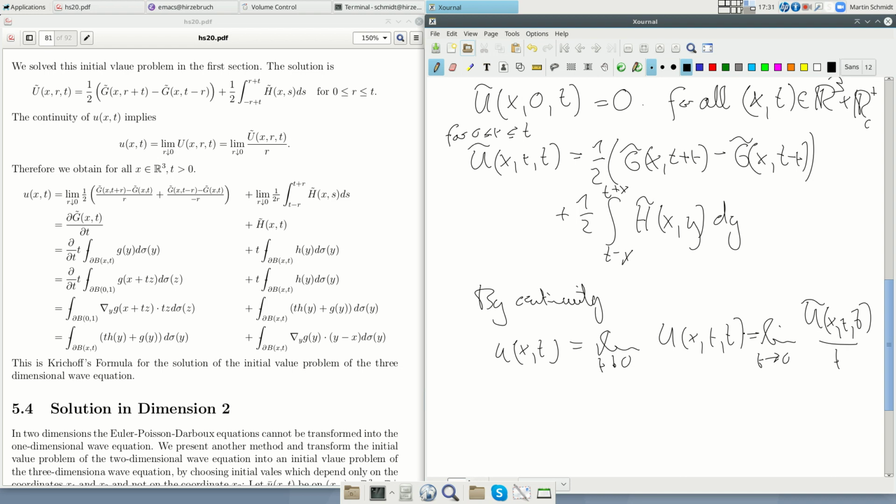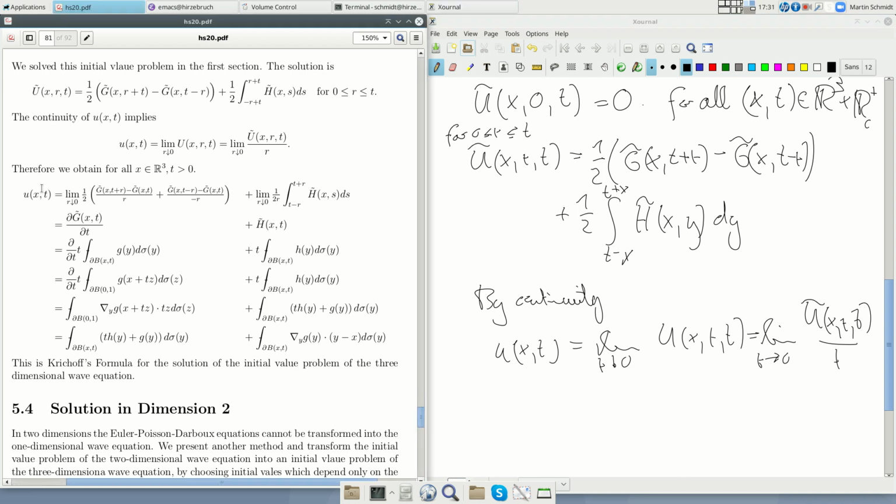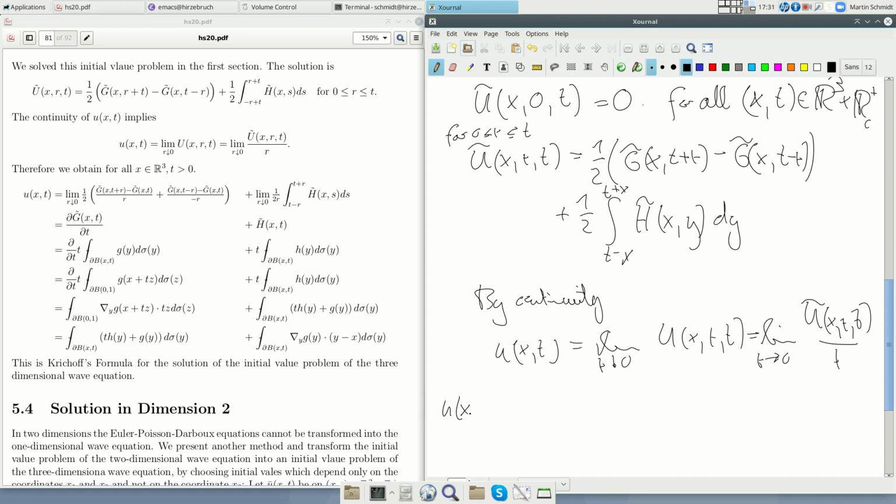And since this is the mean, this we had several times before, the mean over very small balls converges, if the radius goes to 0, to the value at the center, and x is the center, so we exactly have this equation. So now we can calculate. Let's insert this. Now we obtain our formula for our solution.